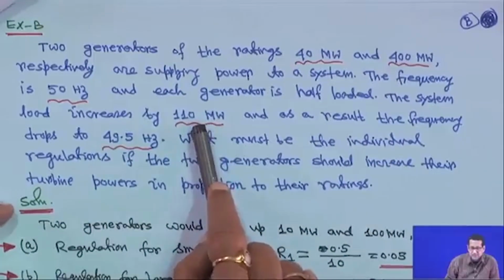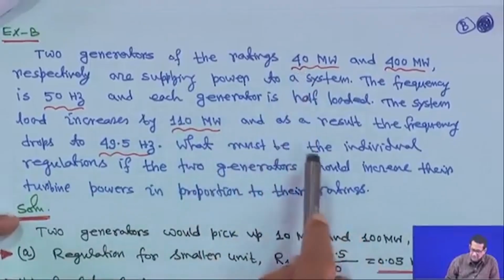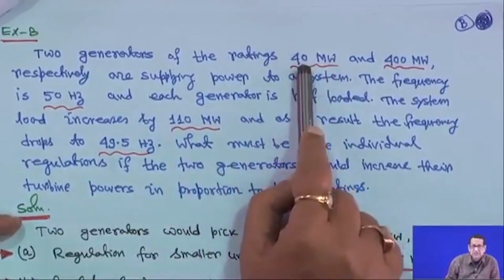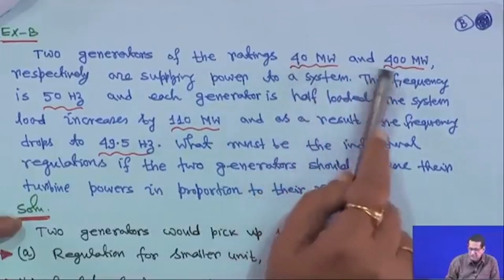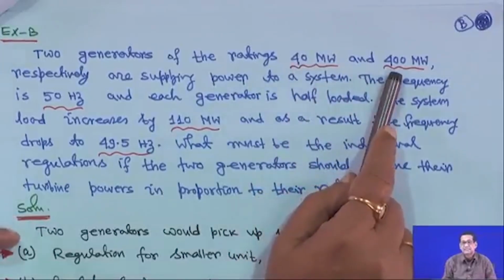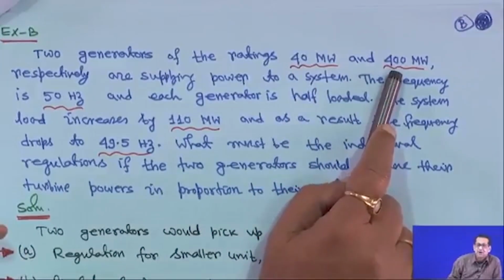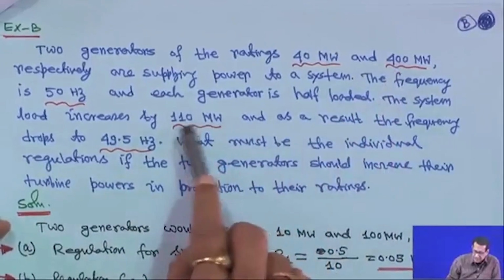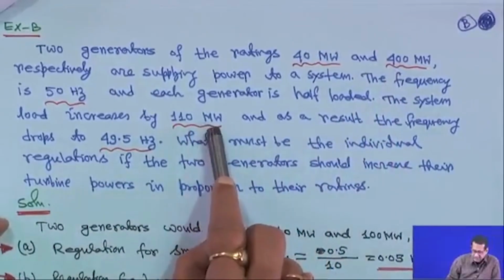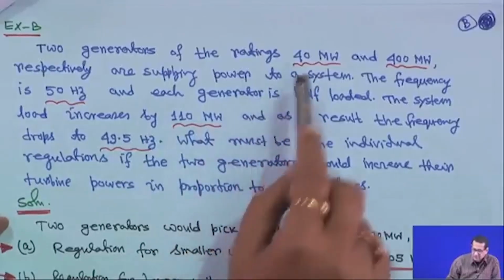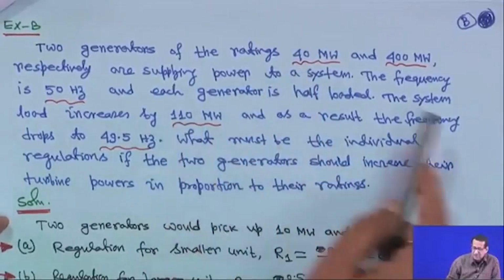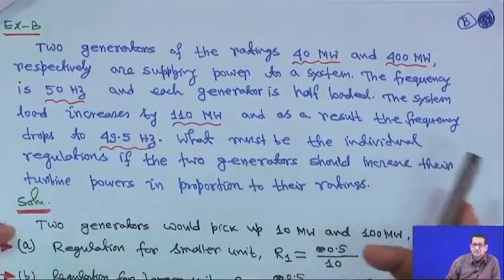It was mentioned that they are 50% loaded, so this generator is generating 20 megawatt and the other 200 megawatt, so they can further generate power. So of the 110 megawatt, 10 megawatt by the smaller generator and 100 megawatt by the larger generator, in proportion to the rating.